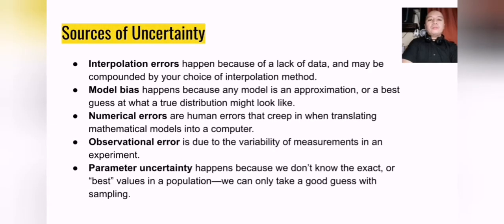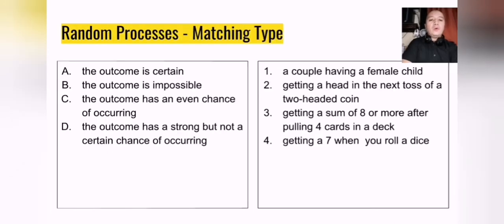Here are some of the sources of uncertainty: interpolation errors, model bias, numerical errors, observational errors, and parameter uncertainty. I won't be expounding on each source of uncertainty, but rather let's focus on an example for us to learn how random processes are done.